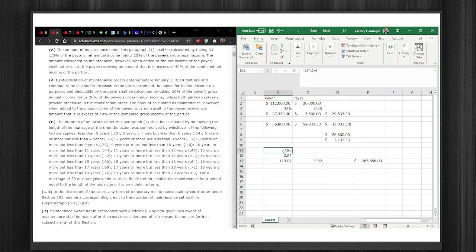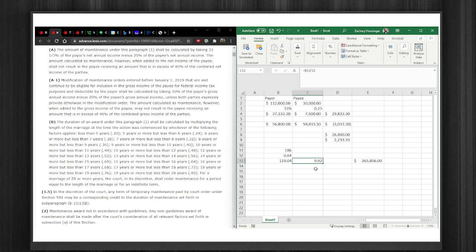In this scenario, they were married for 15 and a half years. So that's 15 years, but less than 16, so that's 0.64. So it's 186 months times 0.64, which becomes 119 months, or nearly 10 years of payments, 9.92.